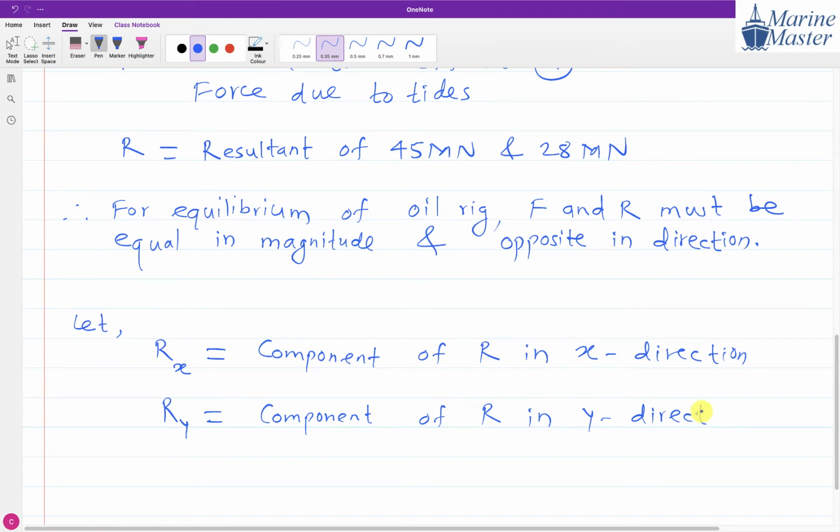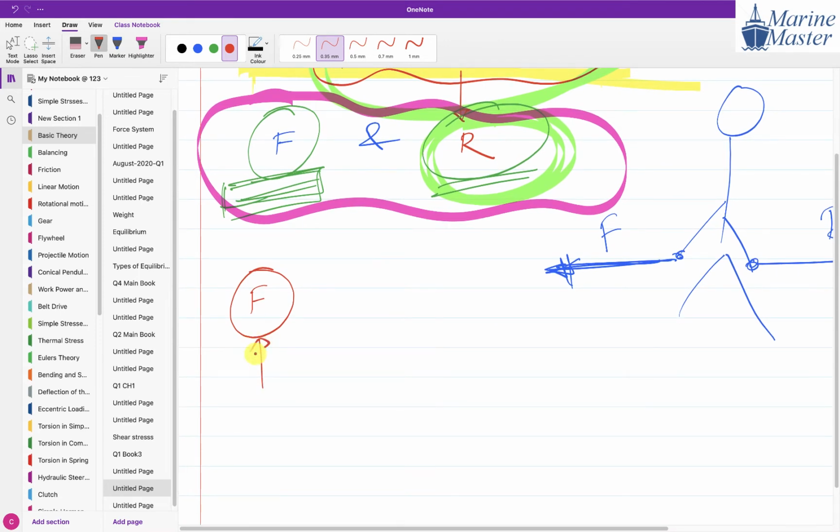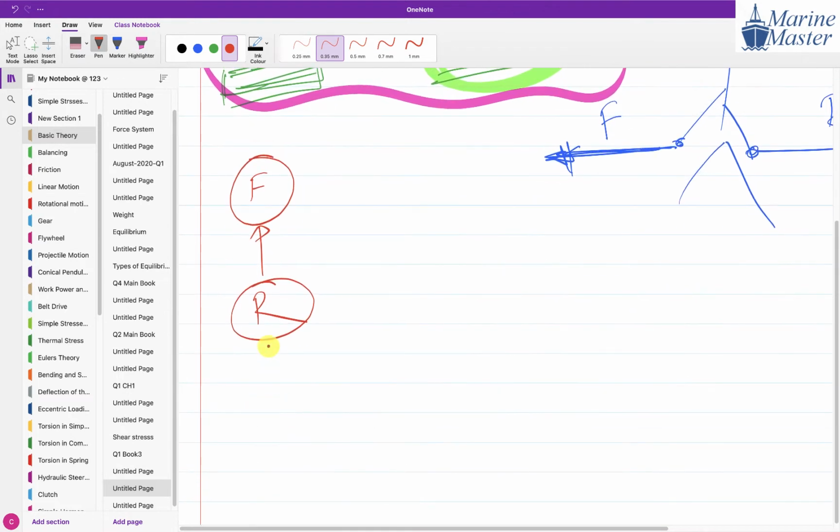Our target is to find F. But to get F, first we will calculate R. To get R, we need Rx and Ry. So we will calculate Rx and Ry, use them to get R, and by using R we will get the value of F.